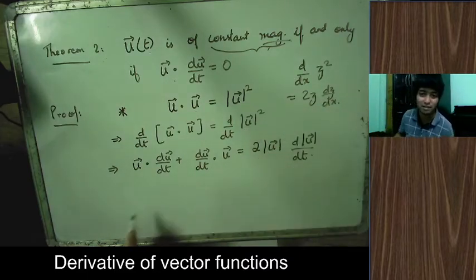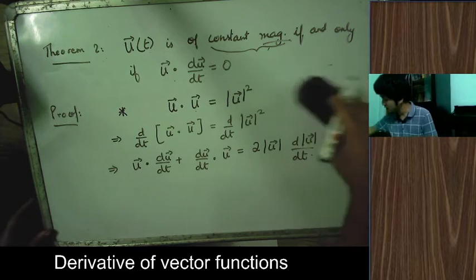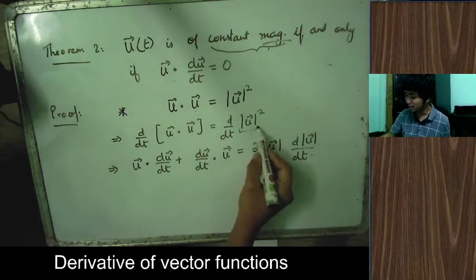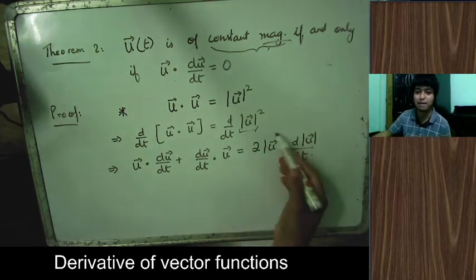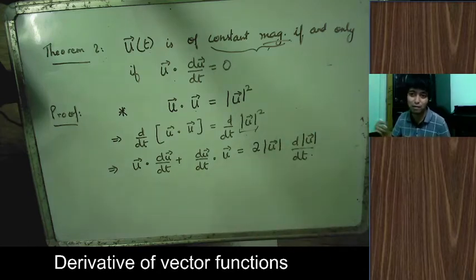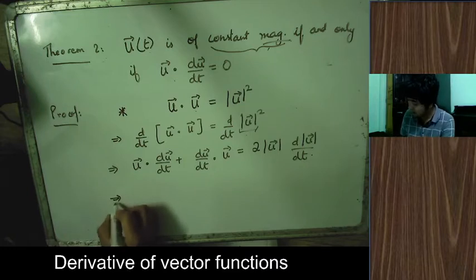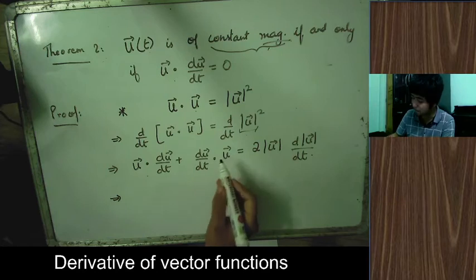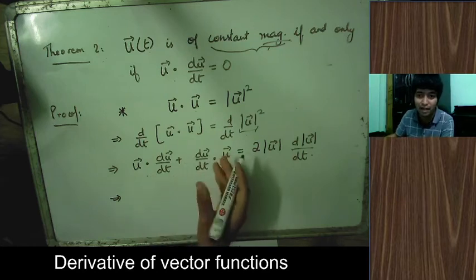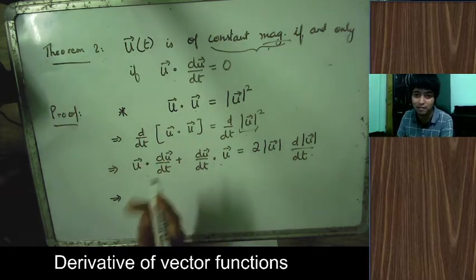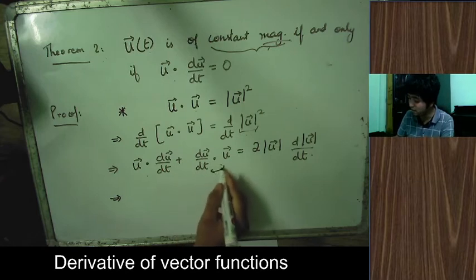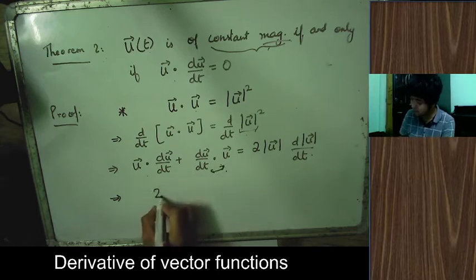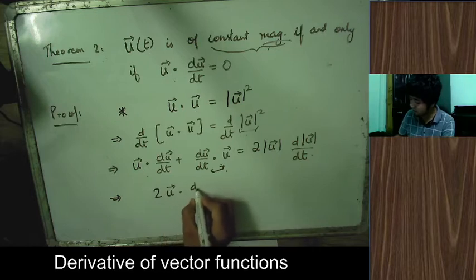Similarly over here, because this is a scalar function, we can use all the things that we know from functions of real numbers in lower classes. Now these two terms are the same, because the dot product is commutative. You can write u in front or at the back. You can interchange the order, and then add, and you'll be having this.